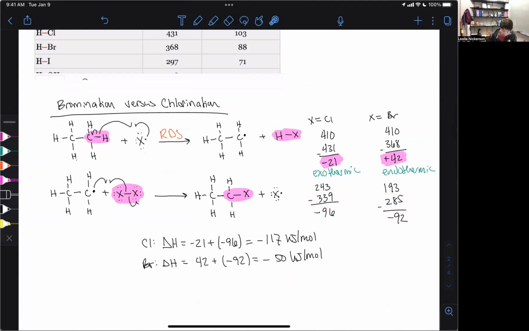So the bond dissociation energy of that Cl-Cl bond is 243, and then the carbon chlorine CX bond is 339. So when I subtract those, I again have another exothermic step.